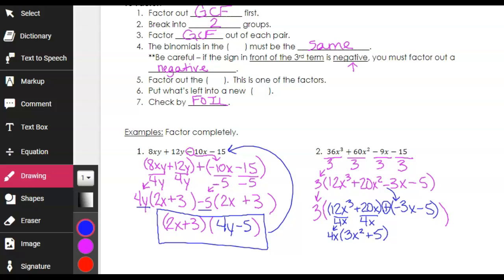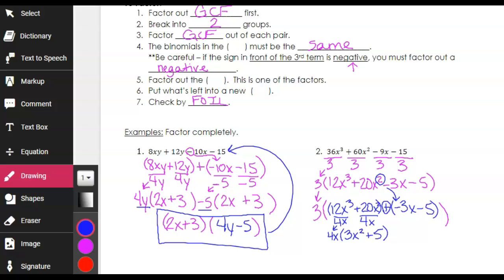Now, as I'm writing this, I'm looking ahead at what my next GCF will be and then what will remain, and I notice that I've made a mistake. Does anybody see it? I've made a mistake here. This should be 20x squared, and here I just wrote plus 20x.